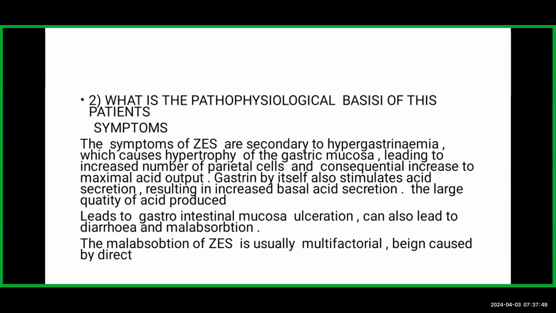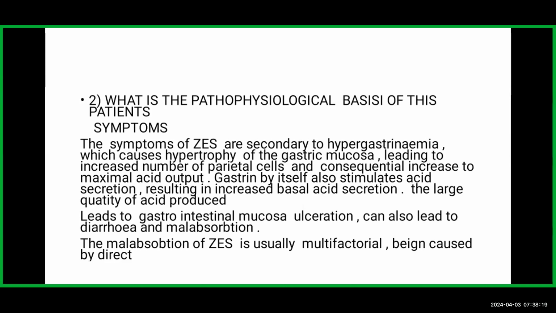Gastrin by itself also stimulates acid secretion, resulting in increased basal acid secretion. The large quantity of acid produced leads to gastrointestinal mucosal ulceration. This can also lead to diarrhea and malabsorption.